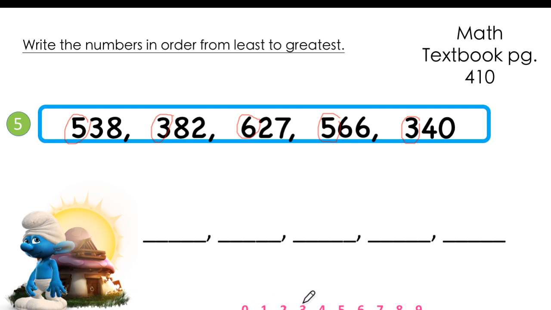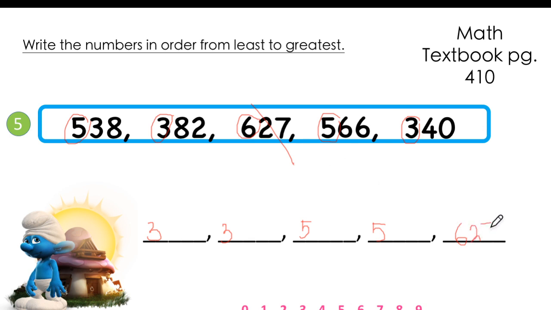No. 3? Yes, twice. 4, do we have? No. 5? Yes, we do, twice. And the last one, after 5, we have 6. So, this is easy. We can write it down because it's the last one left.